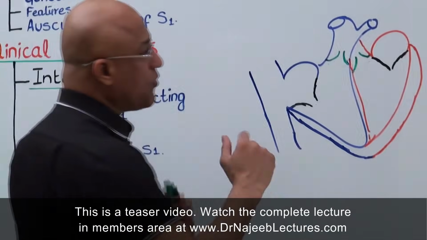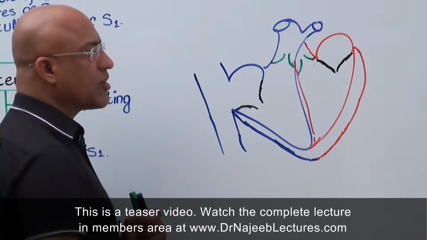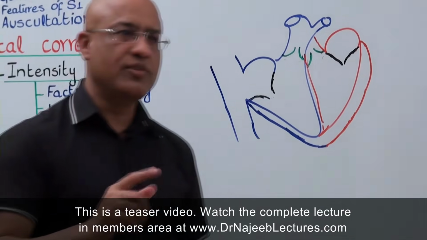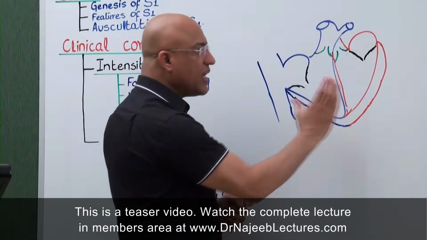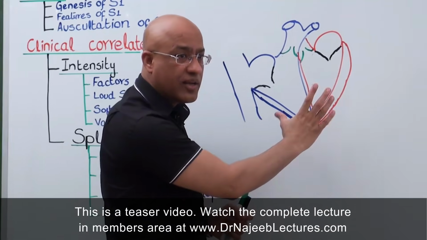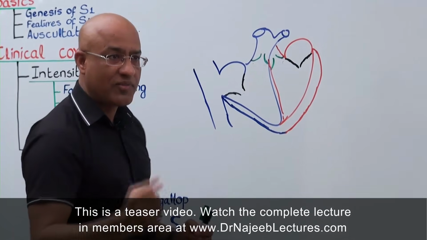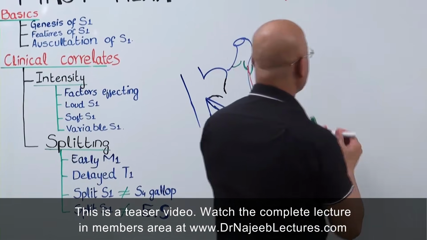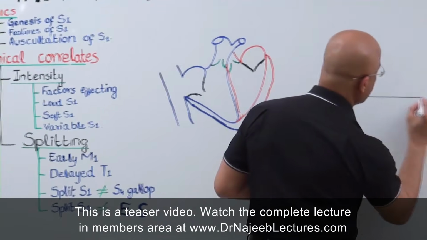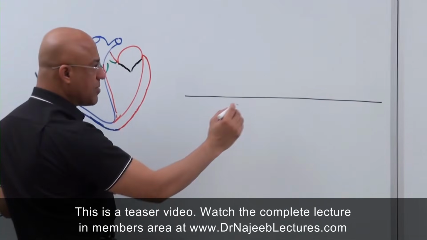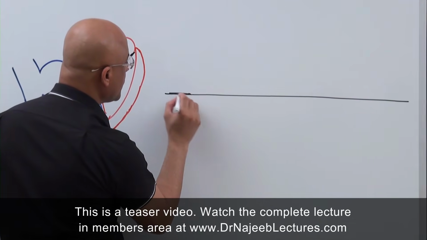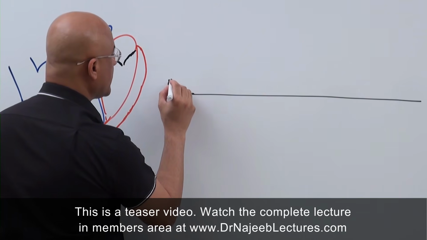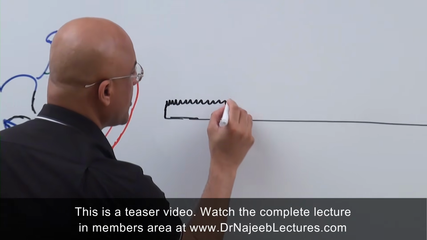Now, first of all, how is the first heart sound produced? First heart sound is produced when there is onset of ventricular systole, when ventricles start their contraction, right? Let's suppose we put it here that this is the timeline, and here is ventricular systole, ventricle contracts.